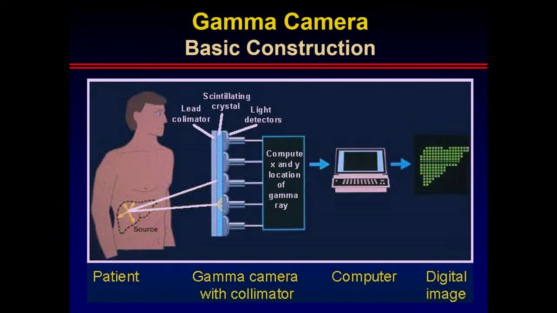And then we have these things called photomultiplier tubes, which amplify light signals as they come through the crystal. And then this goes to a series of electronics, which kind of shows where in space these photons are originating.